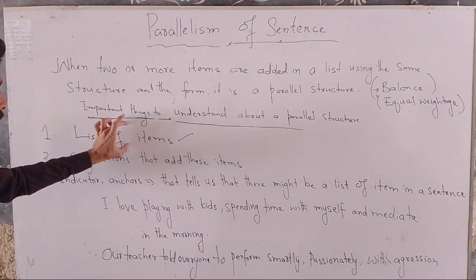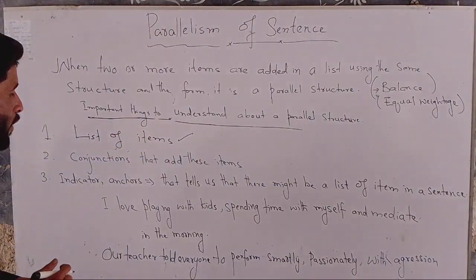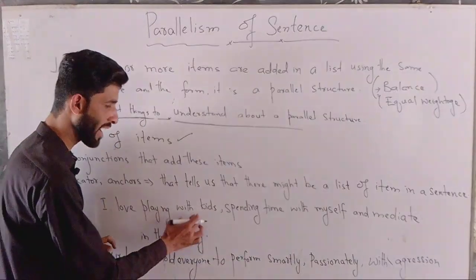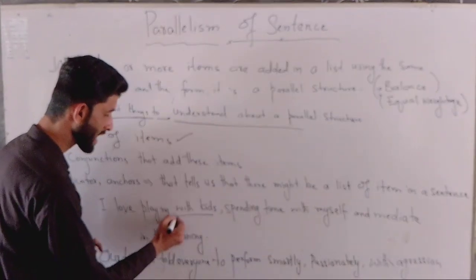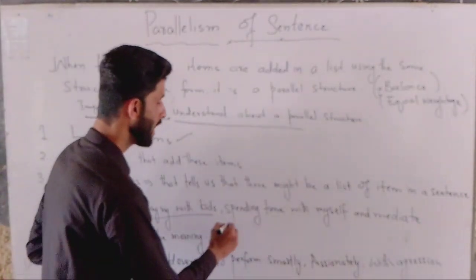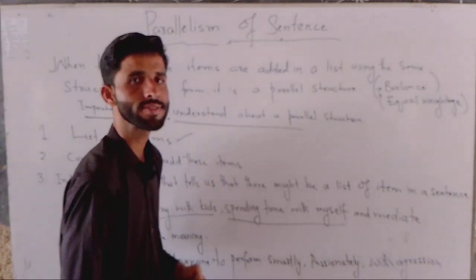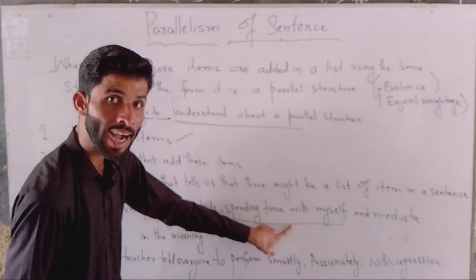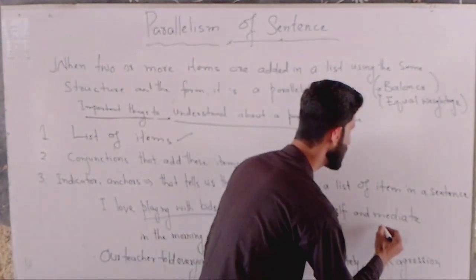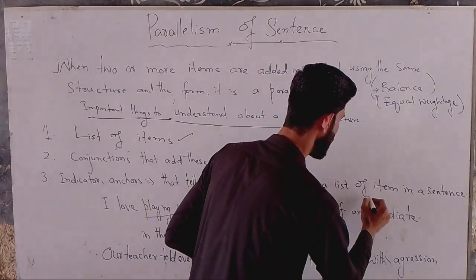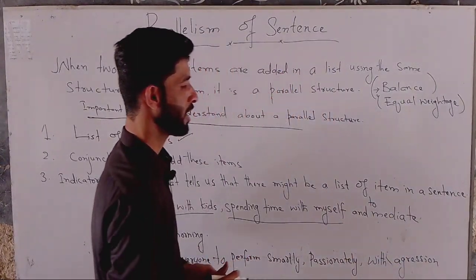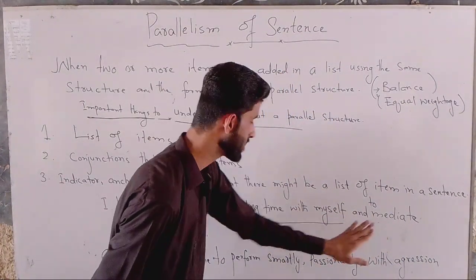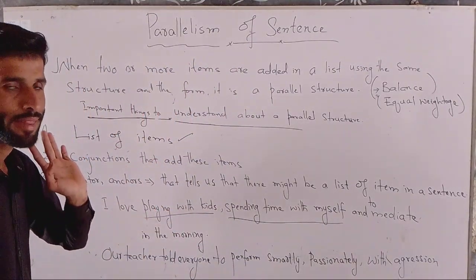So let's see how list of items are used. For example, I love playing with kids, spending time with myself, and to mediate in the morning.